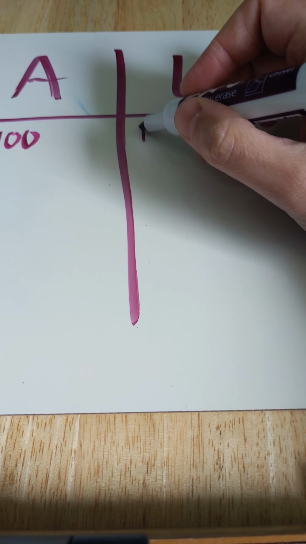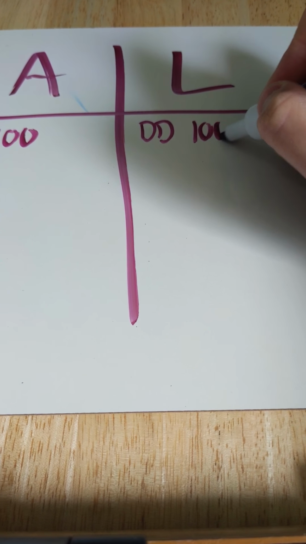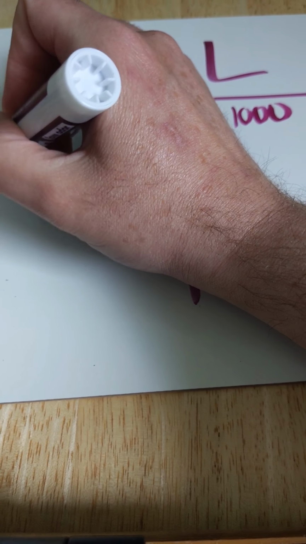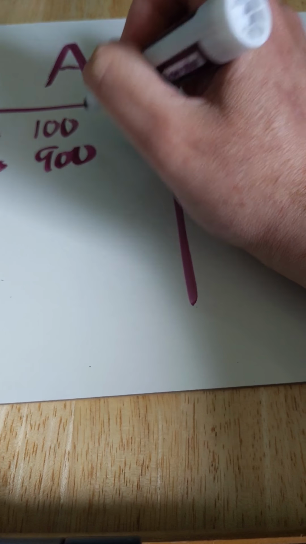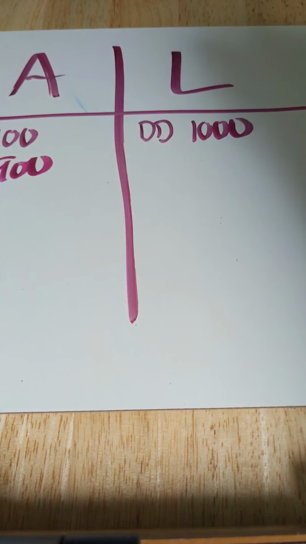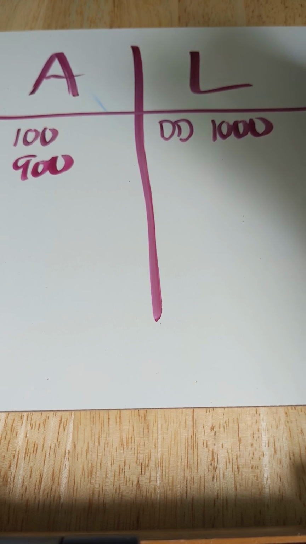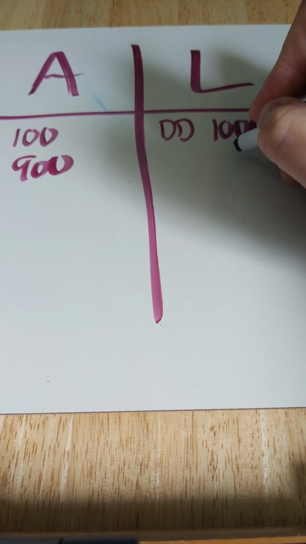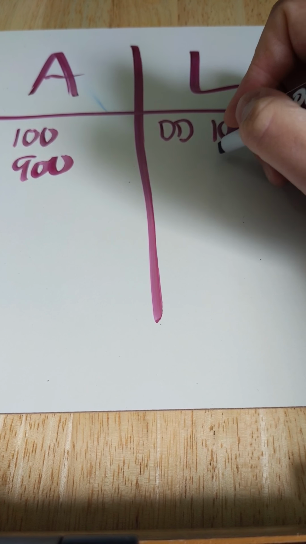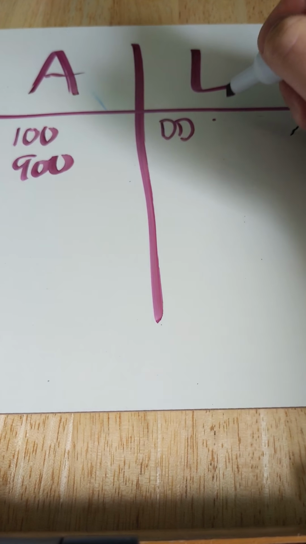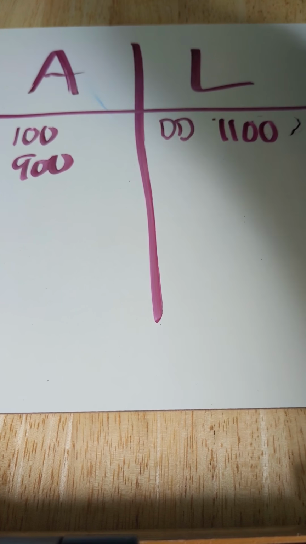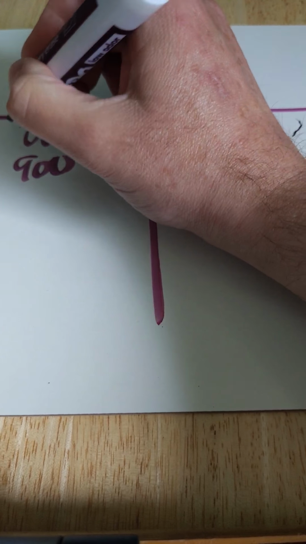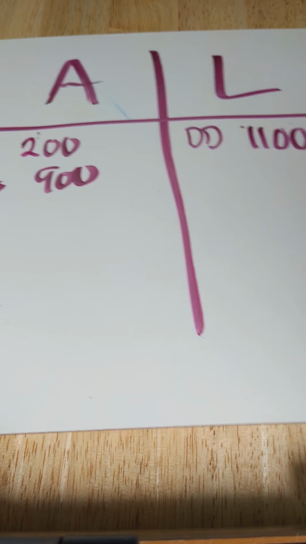Demand deposits, 1,000. Bonds 900. All right. So they get another, let's say, well, you know what? We'll just do $100. Somebody deposits $100. So this becomes 1,100. And this becomes 200. All right. Cool.